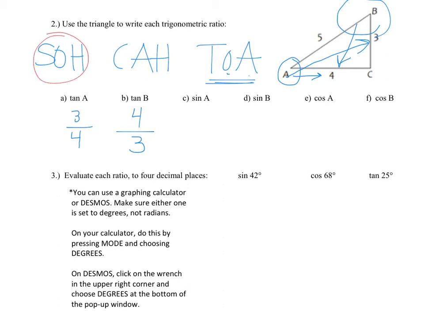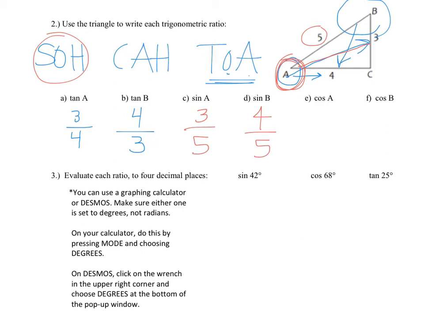So we're doing sine of A, so we're back to A again, and we want to do the opposite, which is 3, and put it over the hypotenuse, which is 5. Sine of B, again, the opposite from B is 4, but the hypotenuse is still 5.